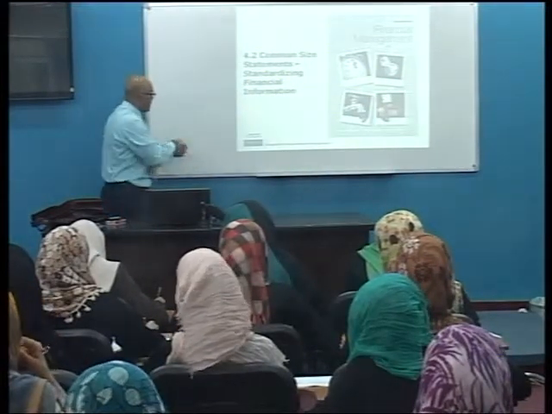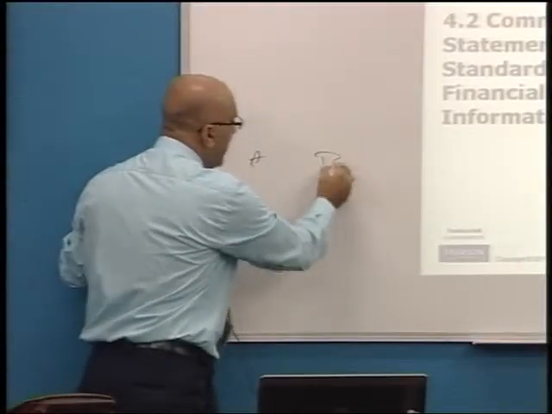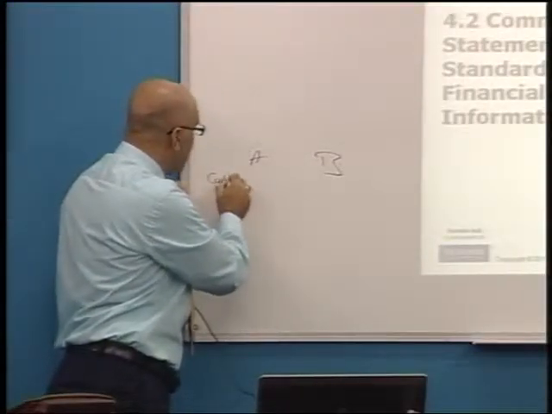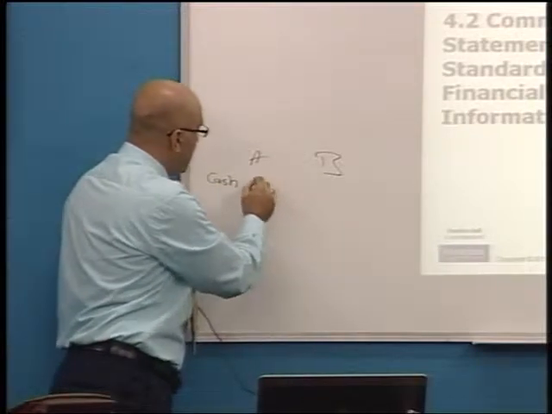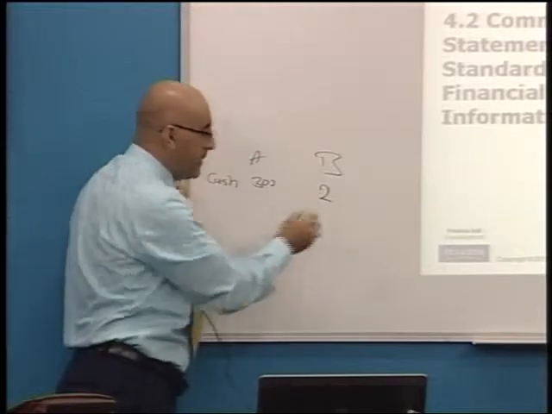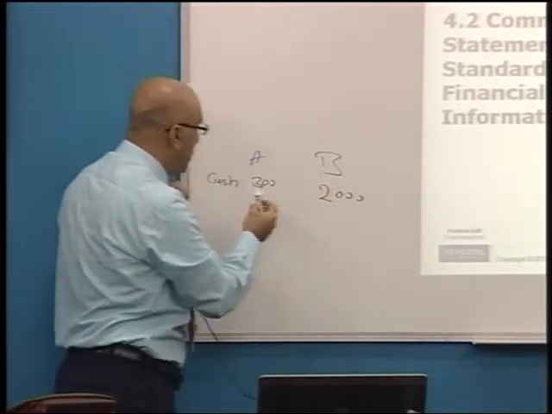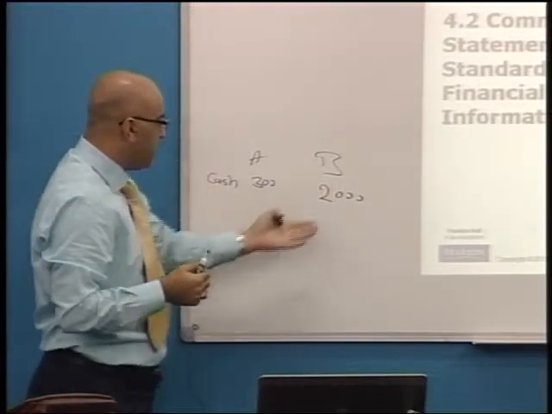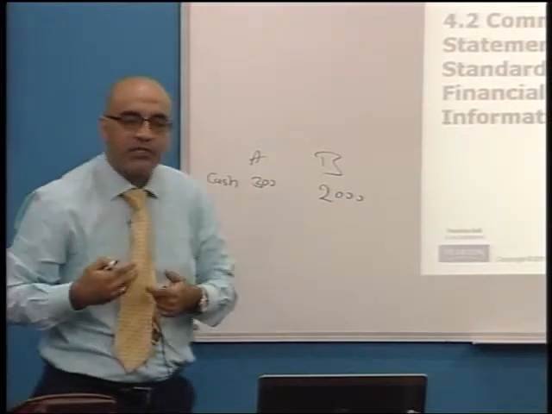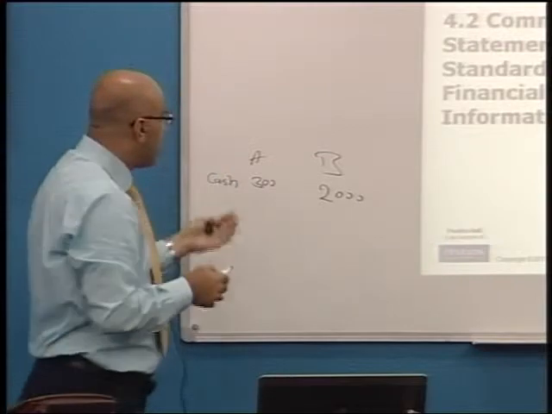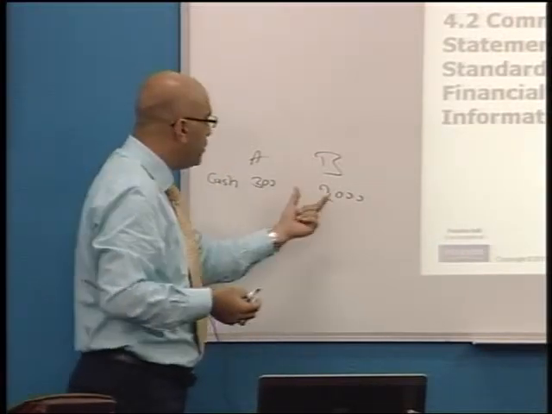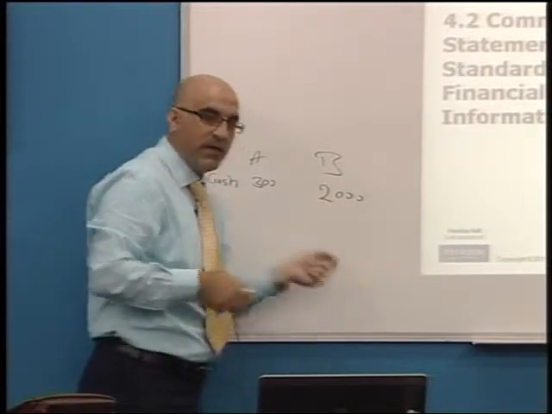For instance, if we have company A again and company B, and look at the cash, here is 300,000 and here is 2 million. So what do you think? B has higher cash than A, but we cannot judge on this. We will see the contribution of cash in this business and in that business.